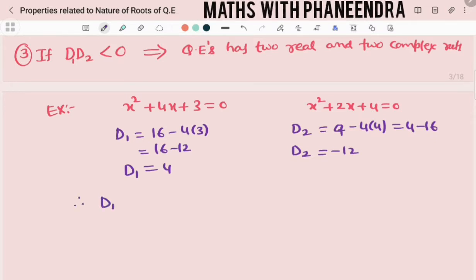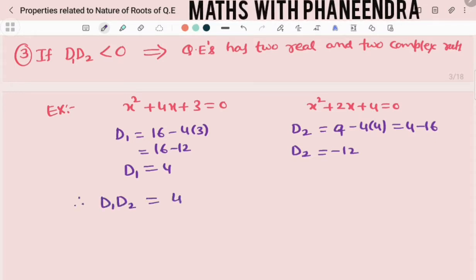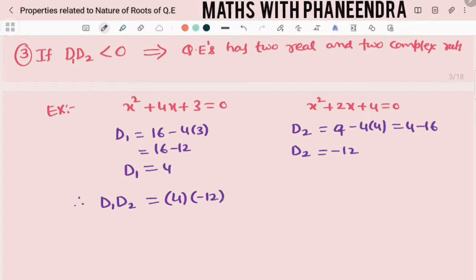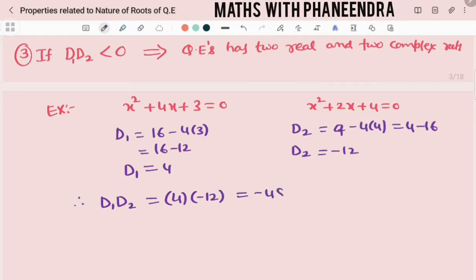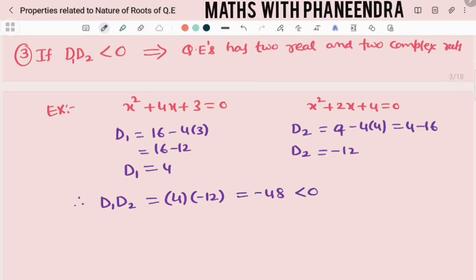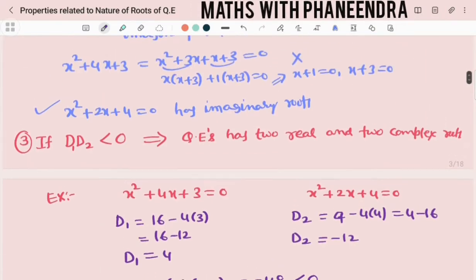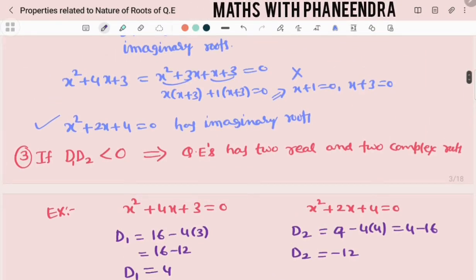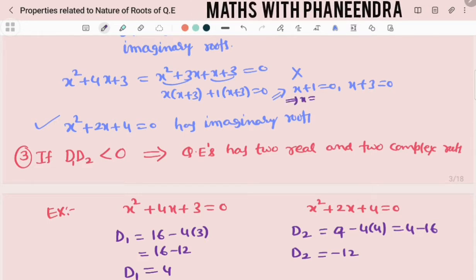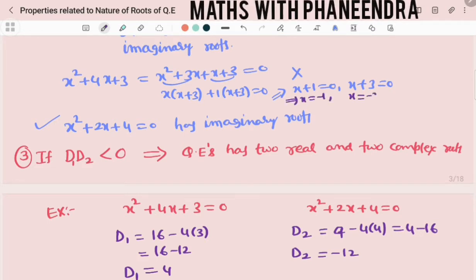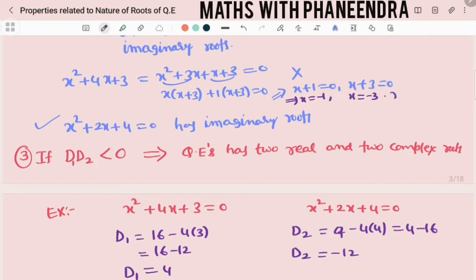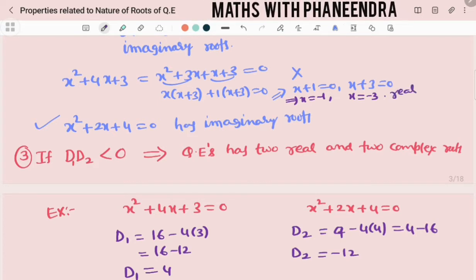Therefore, according to this property, d1 into d2 is equal to 4 into minus 12, which is equal to minus 48, less than 0. Whenever d1 d2 is less than 0, the quadratic equations have two real roots and two imaginary roots. In the previous question also, x plus 1 equal to 0 means x is equal to minus 1, and x is equal to minus 3. These are the real roots, and the other equation has imaginary roots, which means complex numbers.